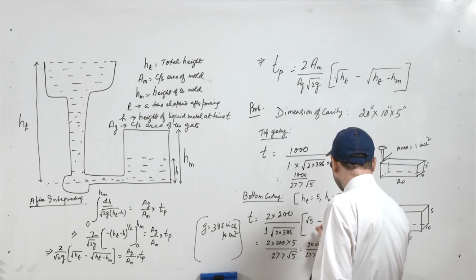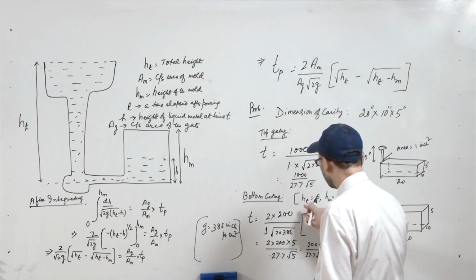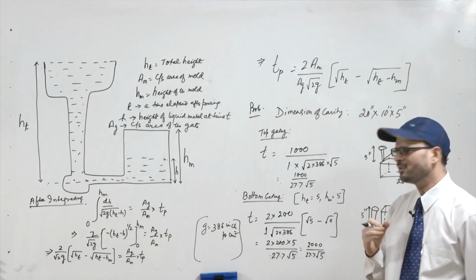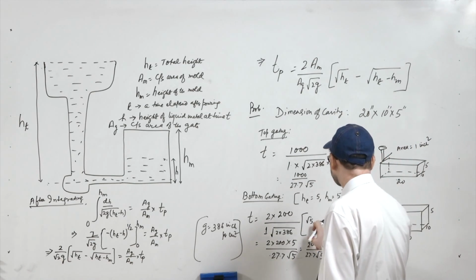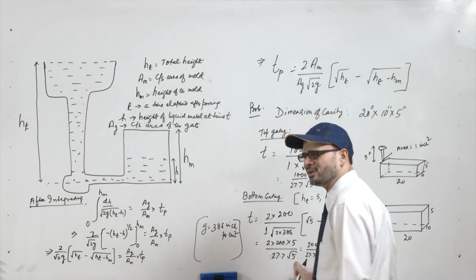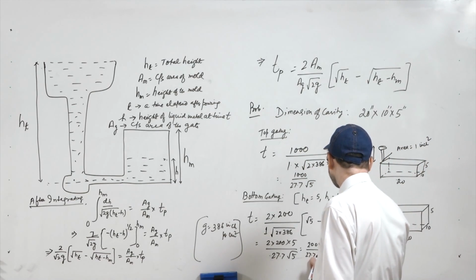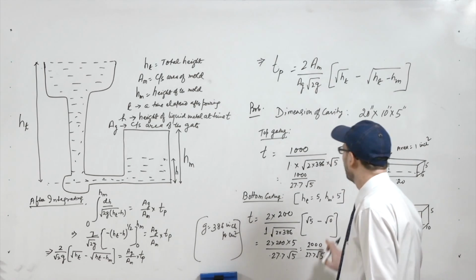And here what we did is that we multiplied the numerator as well as the denominator by root 5. So, it becomes 5 and then in the denominator extra root 5 comes. So, it will be 2000 upon 27.7 multiplied by root 5.